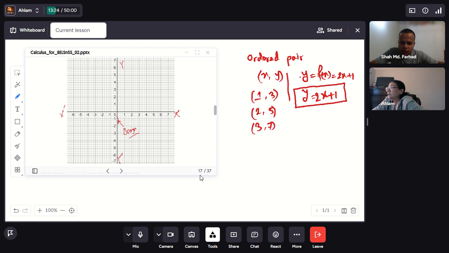That is the origin point. At the origin point, the coordinates of x and y, both of them are 0.